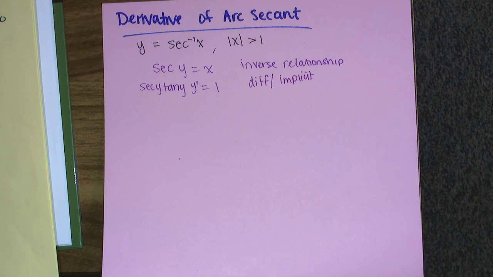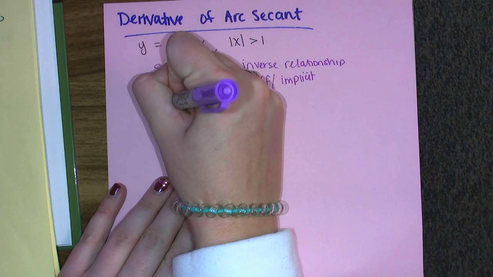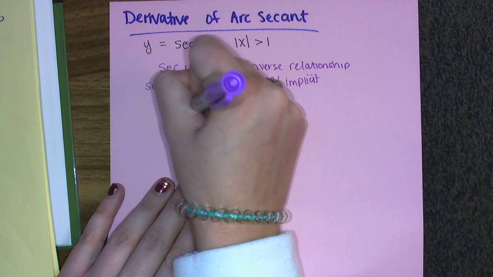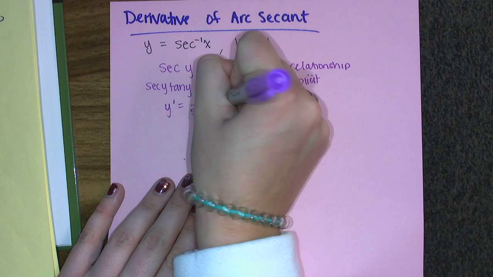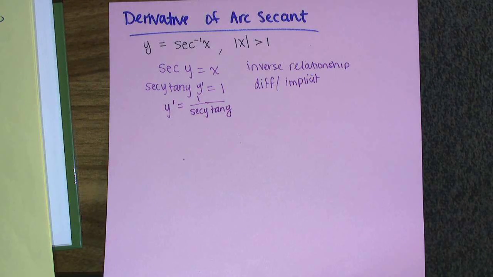So then getting that by itself, y prime is equal to 1 over the secant of y, tangent of y. Okay, so this one's where it gets a little weird, and this part, just trust the process.